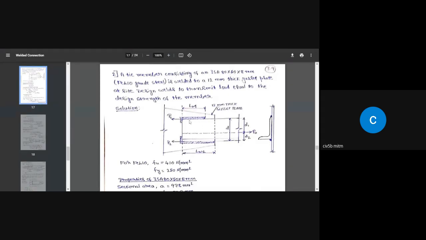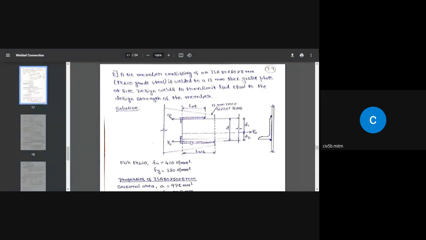So the spacing between these two parallel welds is 80 millimeter, and the minimum length of each part of the weld should be at least equal to 80 millimeter. In this case, we are providing 130 millimeter. Here we are providing 240 millimeter. So obviously 130 millimeter is greater than 80 millimeter.